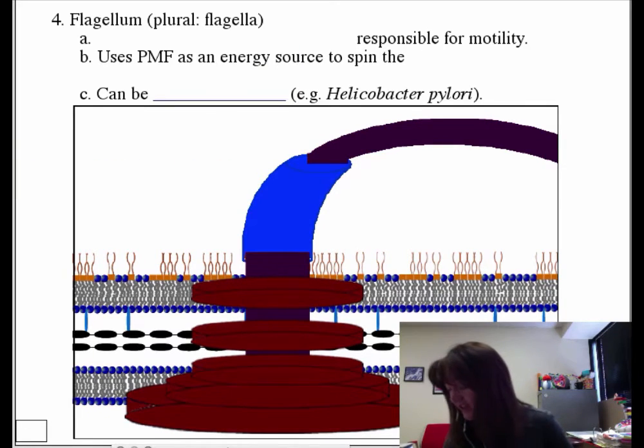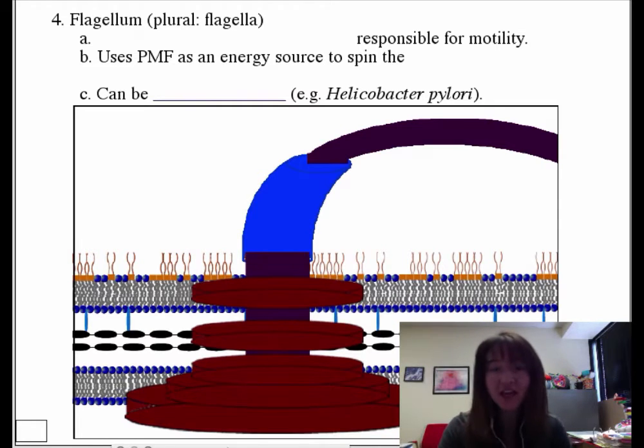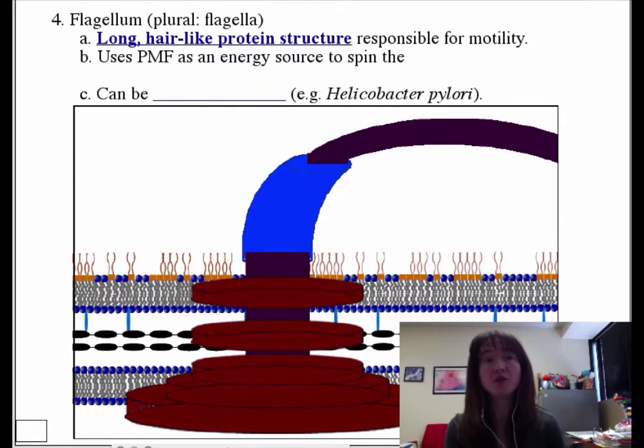So flagella are obviously involved in motility. They are sometimes single or sometimes multiple, but they're always these sort of hair-like protein structures. They are hollow cored. So in the long filament region of the flagellum, it actually is a repeating protein polymer that rolls around in a kind of helical way to leave a hollow core.